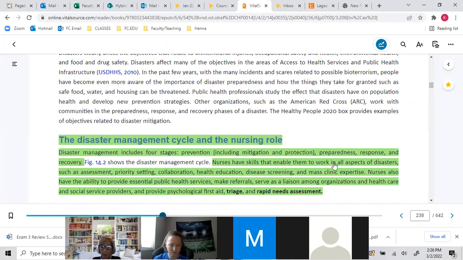Nurses have skills that enable them to work in all aspects of disasters, such as assessment, priority setting, collaboration, education, and disease screening, with all of our clinical expertise. We can also provide essential public health services. We can make referrals to whatever agency or resource they need, because part of our role is triaging. We can do rapid needs assessments.